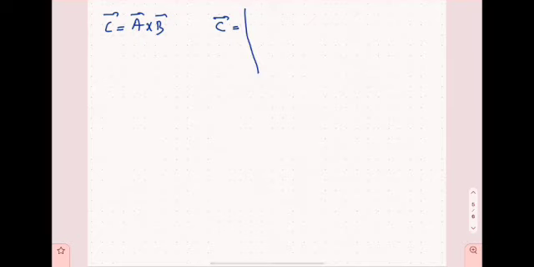Another handy way of calculating the cross product C, A cross B, is to use the determinant. So it's actually very easy. You can write C being the determinant of EX, EY, EZ.